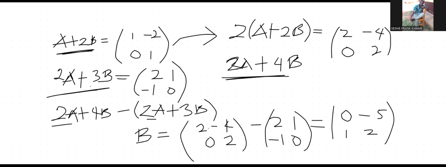Now you can put B into any of the equations. So A plus 2B, A plus 2B is equal to 1, negative 2, 0, 1.